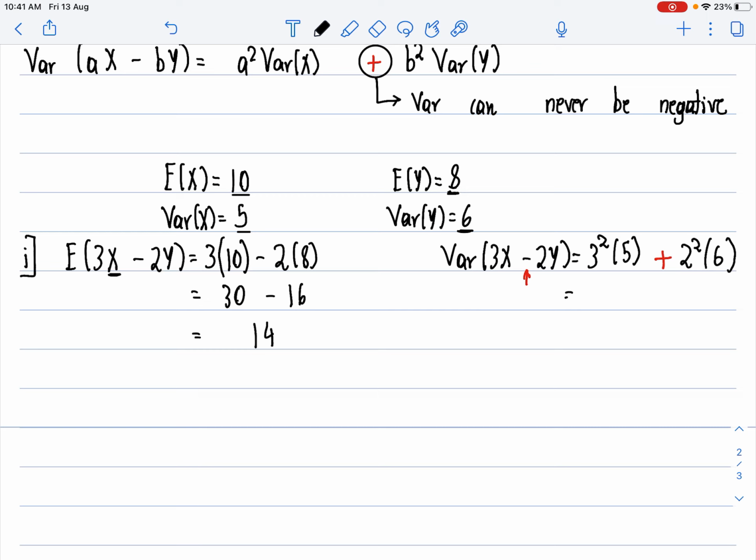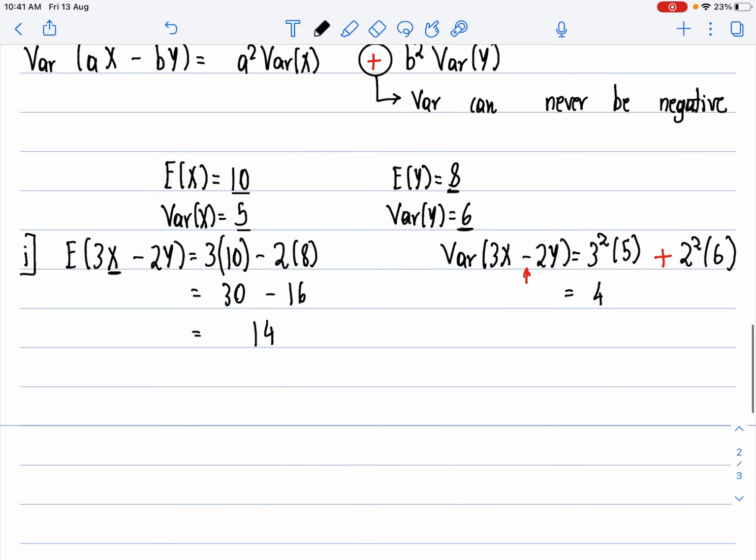So now 3 square is basically 9. 9 into 5 is 45. Plus 2 square is 4. 4 into 6 is 24. Correct? So I'll have 69 here basically. Got it? So this is basically the mean and the variance, which you need to know.